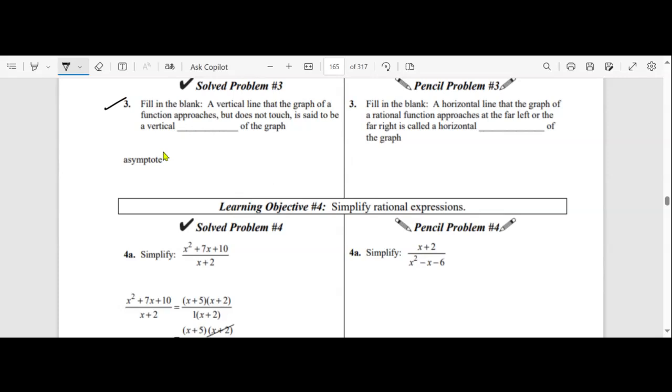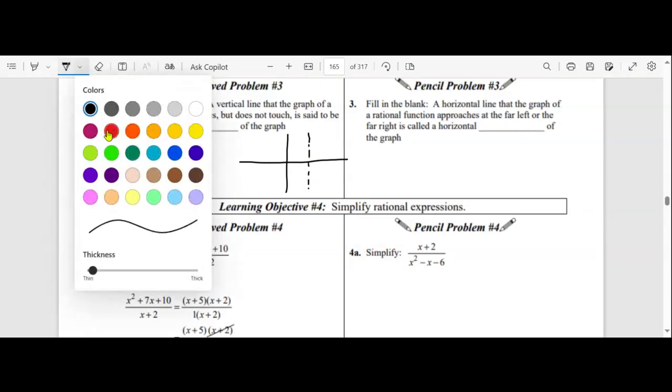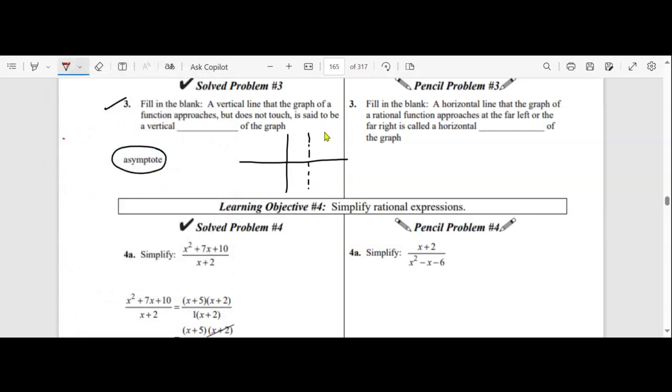So he said here, a vertical line that the graph of a function approaches but does not touch. For example, let's make some graph. So I'll put the graph like this.